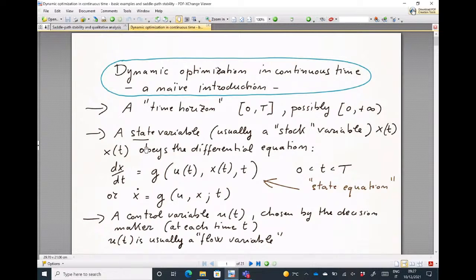The stock variable obeys a differential equation. So basically, there is nothing new here. The derivative of the stock variable with respect to time is a function of the level of the stock variable, and in principle, the level of the flow variable at time t, which is under the choice of the decision maker, and possibly directly on t. Usually we omit dependence on time and we write x dot is equal to g of u, x, t.